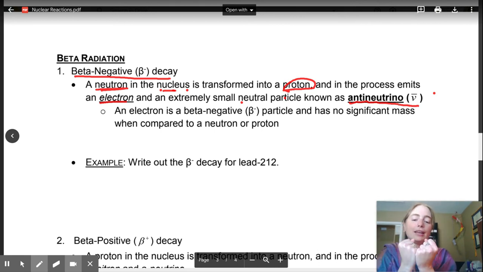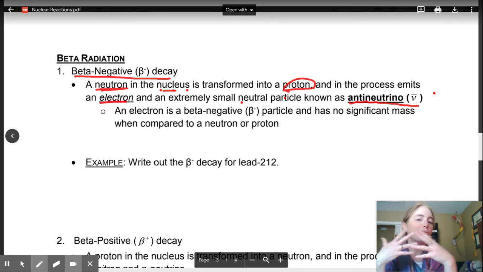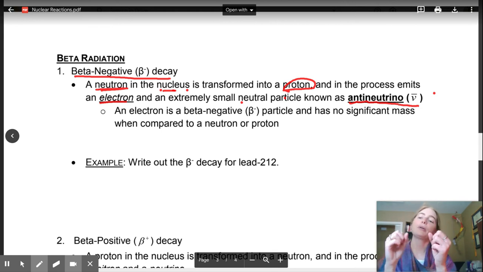Antimatter is not very common. It does exist in nature, but we don't find it very easily on Earth. The most common place is going to be created through stars, and cosmic rays are going to have some antimatter. An antiproton, for example, has the same mass, the same size, but the opposite charge.